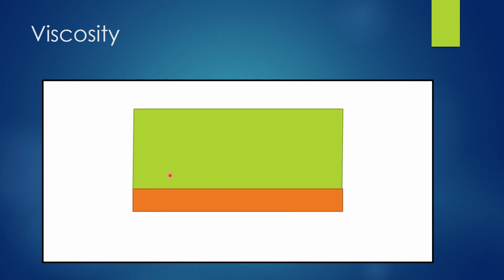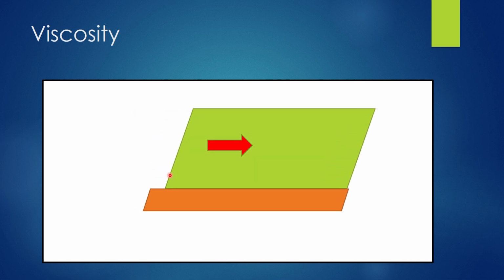So a more viscous fluid would have these movements lower. In other words, this shear stress has to be larger in order to move the second layer of the fluid. So if we apply shear stress, if we apply a force, it's going to move like this, and it's going to take the next layer with it. This is a superficial explanation. We are going to talk more in depth in the section on physical properties, and there's going to be a lot more math involved.